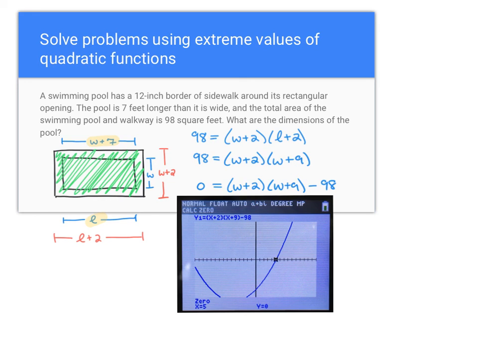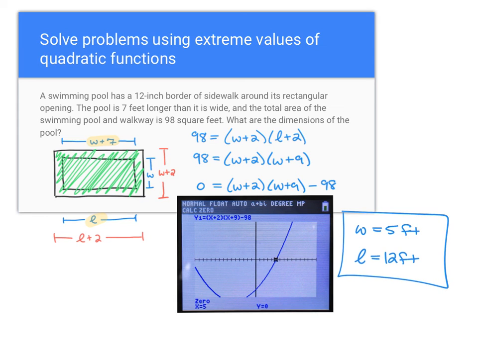So I know that it's going to be what I want it to be when the width is 5 feet, which tells me that the length would have to be 12 feet, right? Because again, we know that the length is the width plus 7. Okay, we're asked what are the dimensions of the pool? 5 feet by 12 feet.